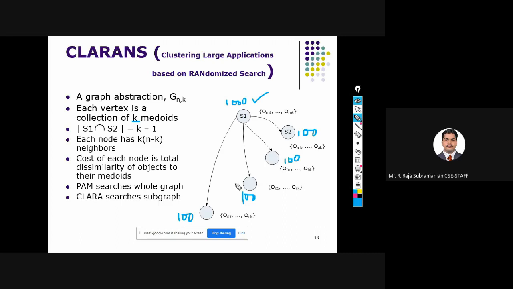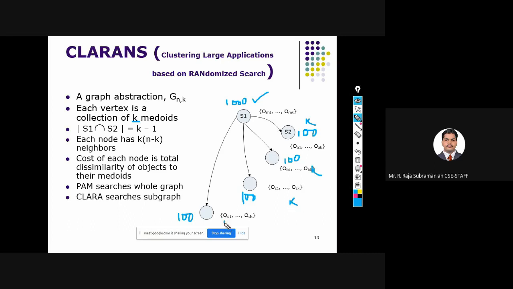There is also a criterion that some points may be present in both S1 and S2. In the parent some points can be there, but the child may not have the points repeated. So the medoids are selected among these, one by one. Here you'll select some k medoids, here some k medoids, and so on.